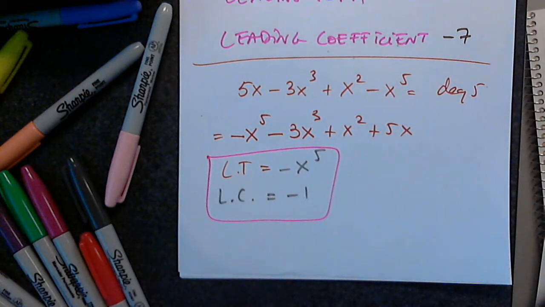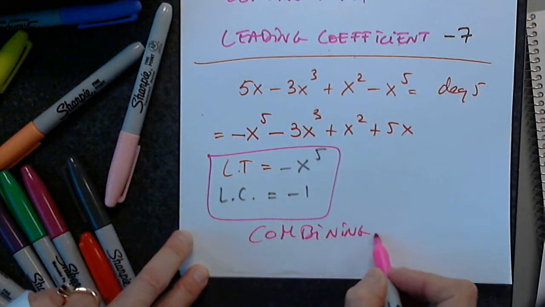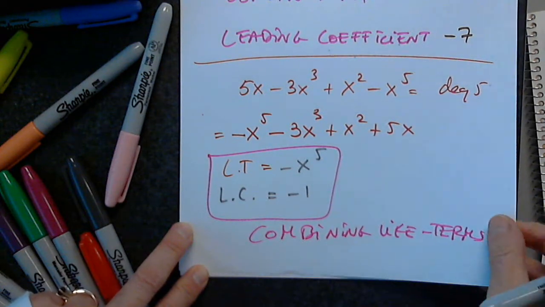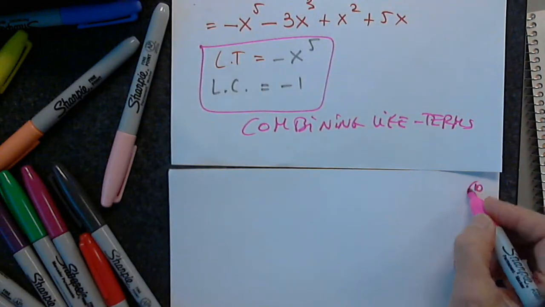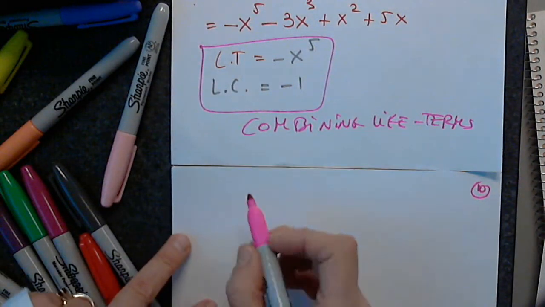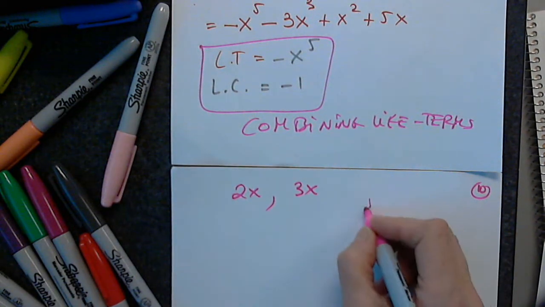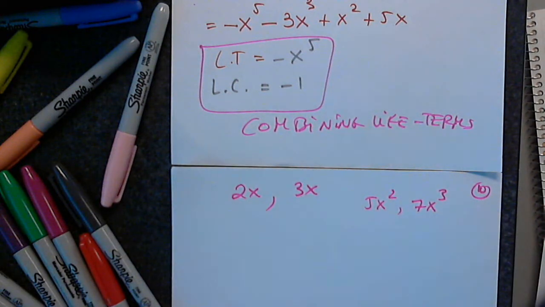Now, combining like terms. First of all, what are like terms? Well, 2x and 3x are like terms. But 5x squared and 7x cubed are not like terms. There is no way I can add or subtract 5x squared to 7x cubed.